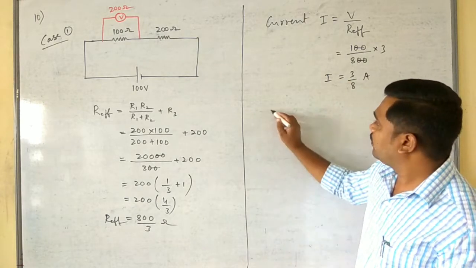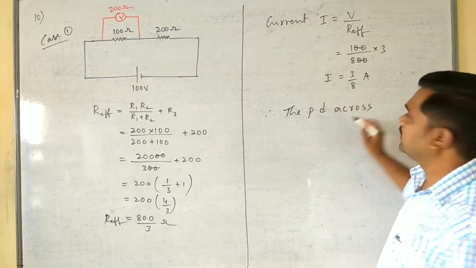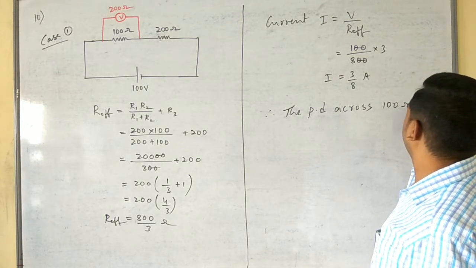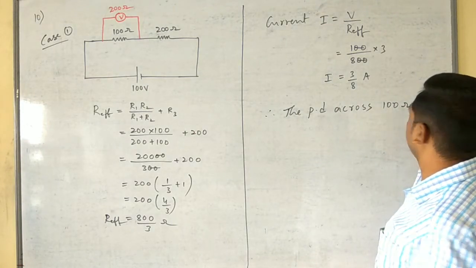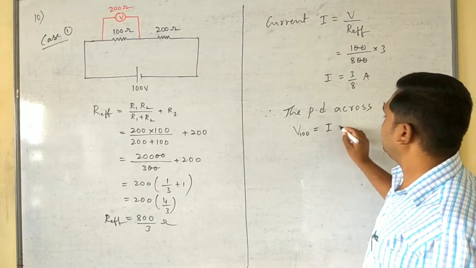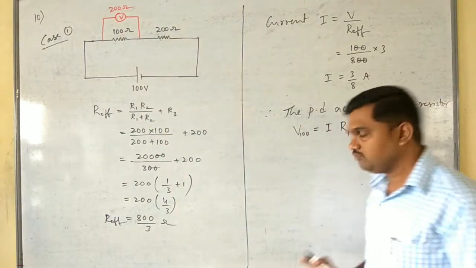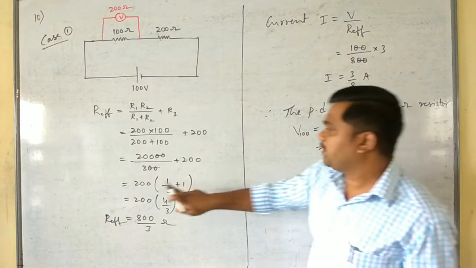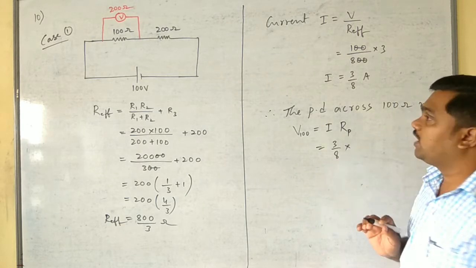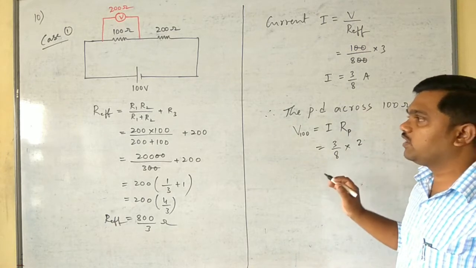Therefore, the PD across this combination, the PD across the 100 ohm resistor, is given by V100 is equal to I into RP. I is 3 by 8 and RP is 200 into 100 divided by 200 plus 100.